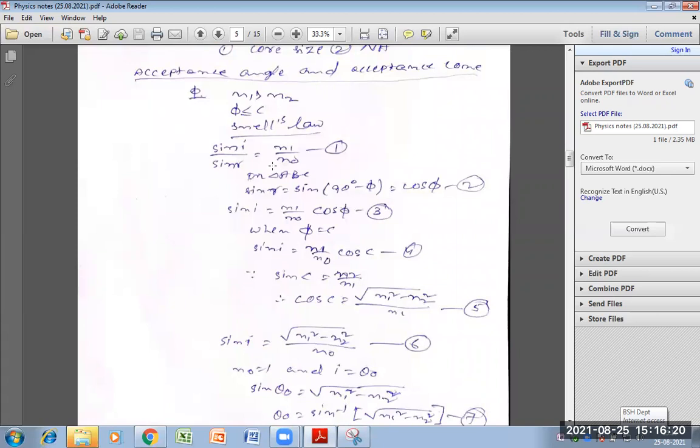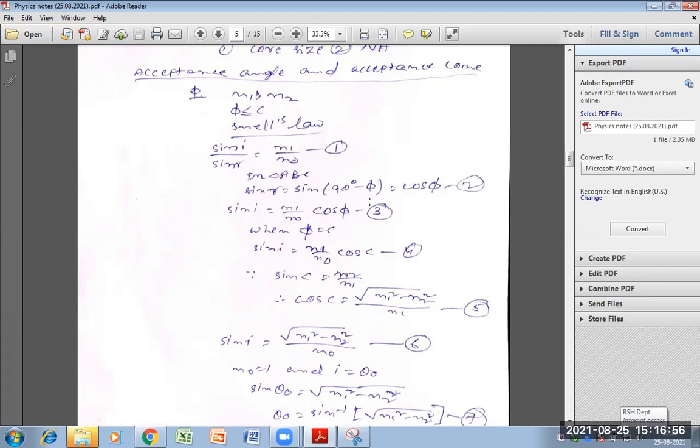Now on putting the value of equation 1 in equation 2, with cross multiplication, sin I into N0 is equal to N1 into sin R. So sin I is equal to N1 by N0 into sin R, and in place of sin R we write cos phi. This is equation 3.